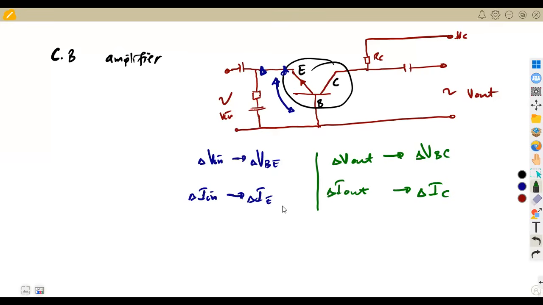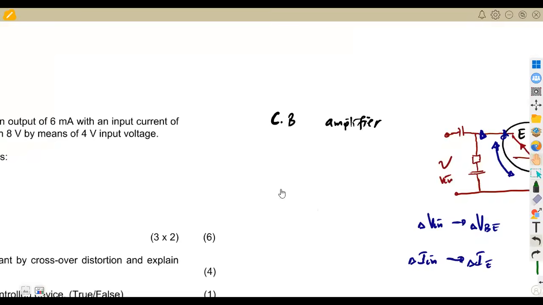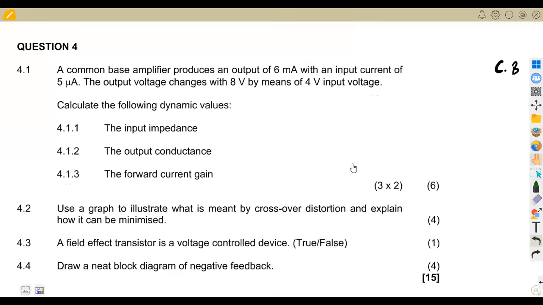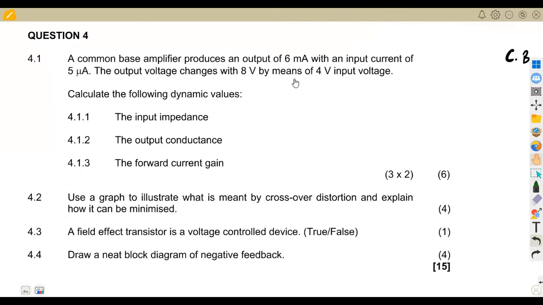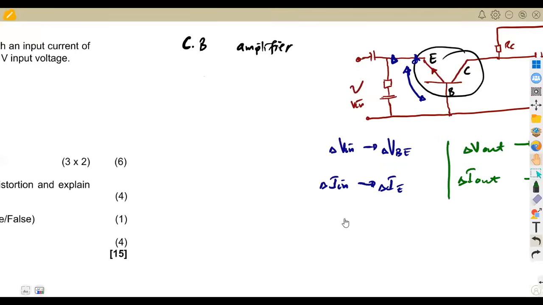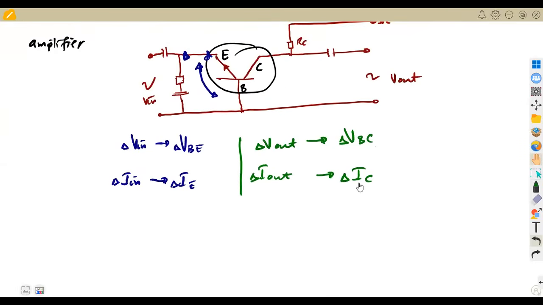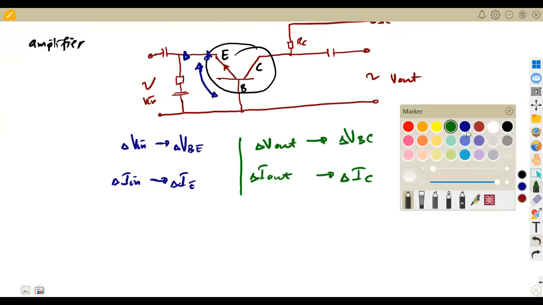That's the whole idea. It's a common base, so you have to take information from a common base. Let's check our question. We are given a common base amplifier that produces an output of 6 milliamps. This is the current at the output, and at the output we have IC.